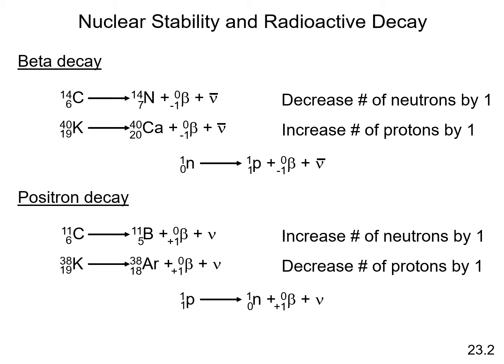So there will be an increase in the number of neutrons and a decrease in the number of protons. We have some examples here: carbon-11 into boron-11 and potassium-38 into argon-38. Again, these are transmutation examples.